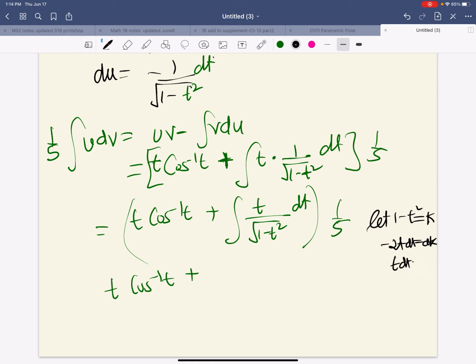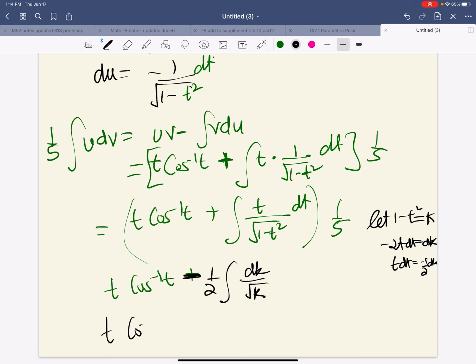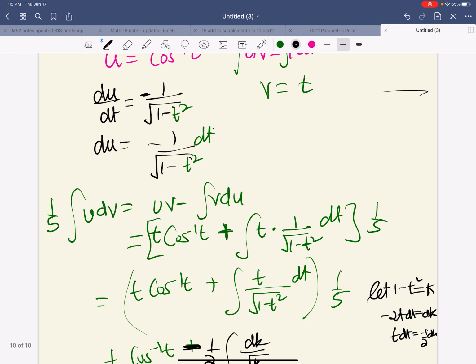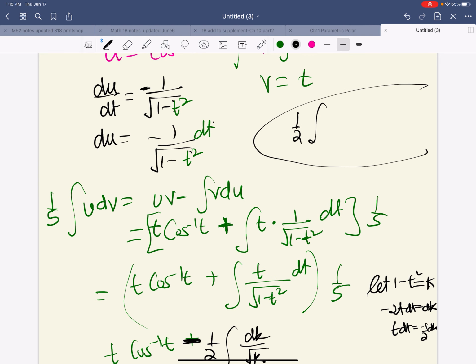And t dt would be negative 1/2 dk. So this turns out to be, I can pull out the negative 1/2, dk over square root of k. And the integral for t cosine inverse t minus, let me just take care of the negative 1/2, dk. That would be square root of k, which is k to the power negative 1/2 dk.